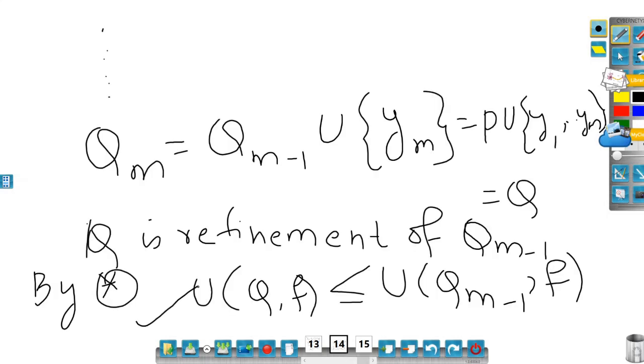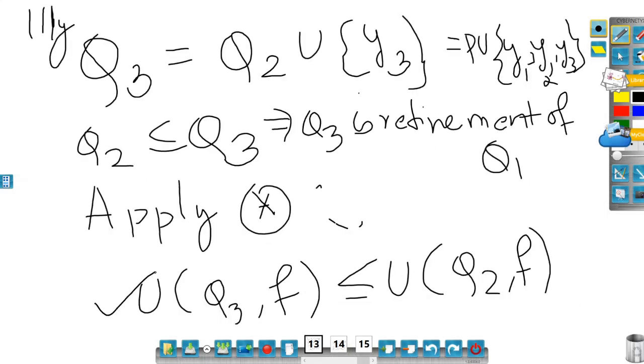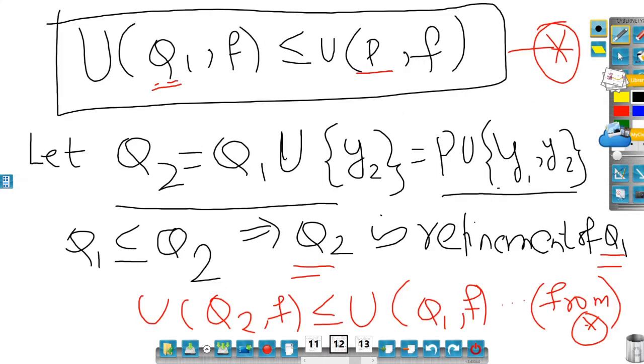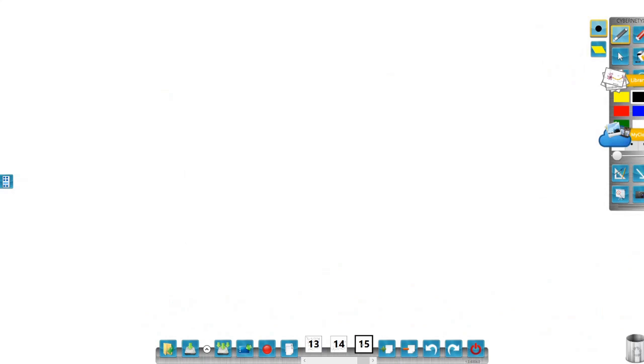Right? So if I club all these inequalities, U(Q2, f) is less than or equal to U(Q1, f), then this. If I club all these inequalities, I will have a nice chain.